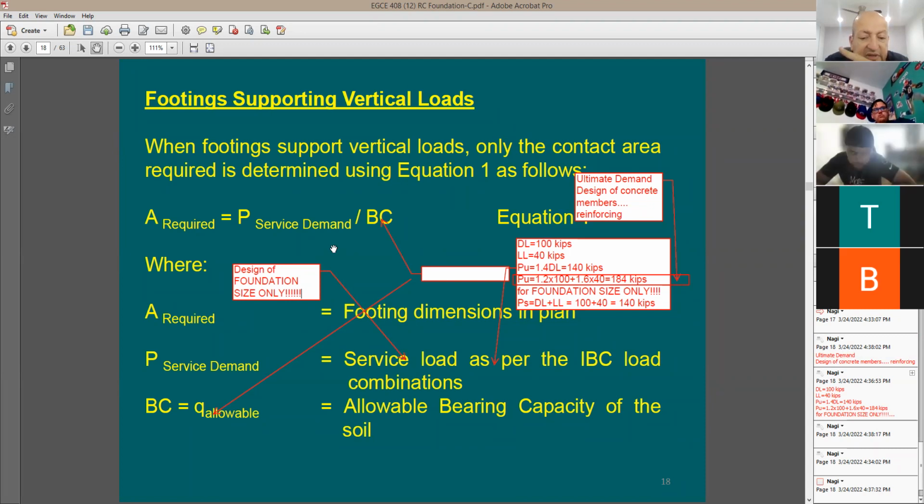One is called service, because you're designing the soil for it, and the other is called ultimate, to design the reinforcing in the footing. This is usually a point of confusion. Lots of people are going to be confused and say, should I use the ultimate to design the footing size, or no, it's just going to be dead load and live load? I hope it's clear, because I know some people are going to be asking this question later.